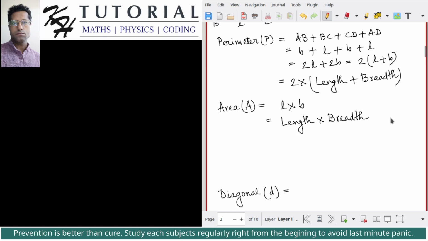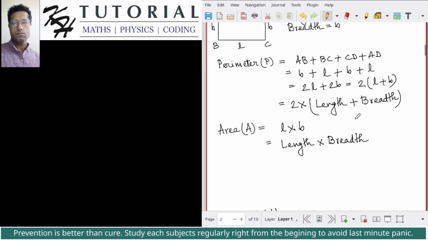Now of course the unit of the perimeter, which is 2 into length plus breadth, this much units, will be either centimeter if the length and breadth are given in centimeter, or meter if the length and breadth are given in meters.